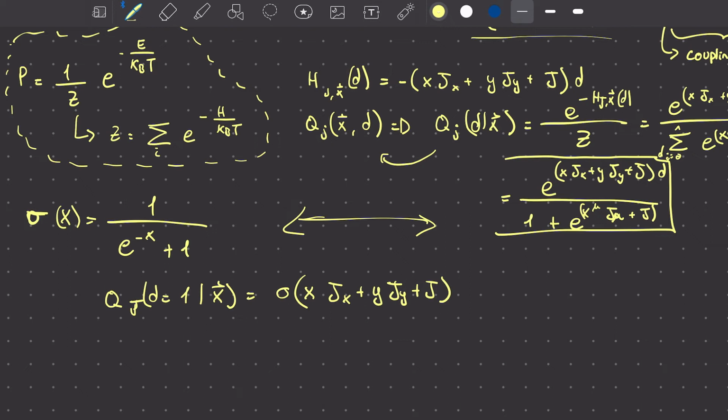And then the case for d equals 0 given the vector x is going to be 1 minus the same as above: x jx plus y jy plus j.